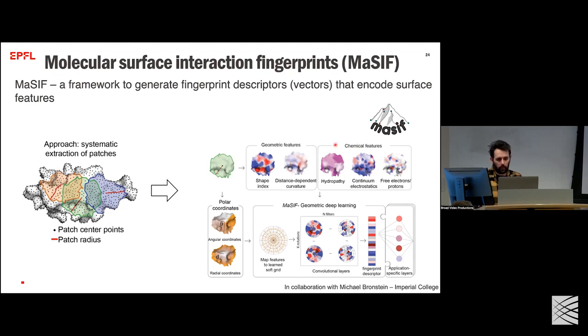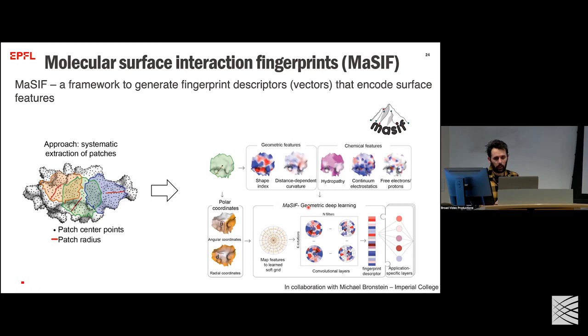In addition, you provide this basic data unit, the geodesic patch, with a set of polar coordinates, so that each point knows where it is relative to the others and we don't lose the information in 3D space.